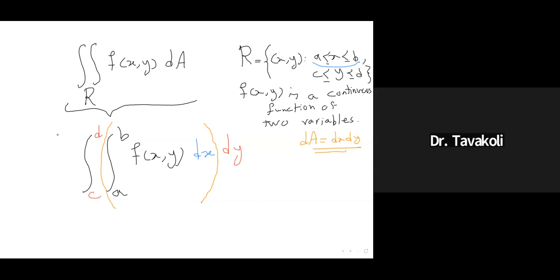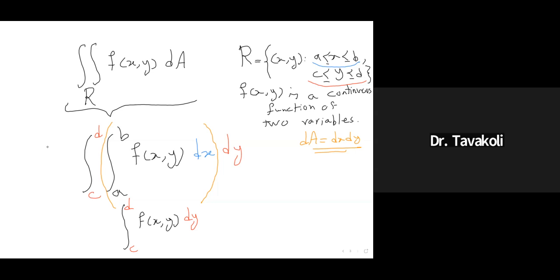I have the other option, and they result in the same value. And the other option is, first, I do the integral with respect to y, so f of x and y dy first, and y runs from c to d.